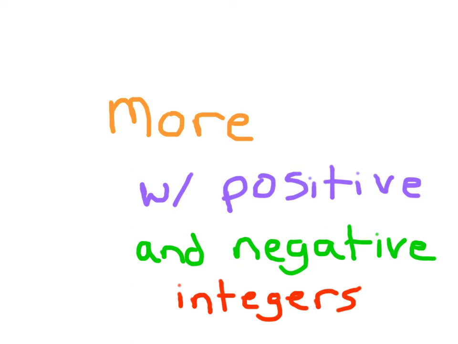Let's continue learning about positive and negative integers. As we continue to learn and think about positive and negative integers, remember that the integers include 0, all the positive integers like 1, 2, 3, etc., and -1, -2, -3.